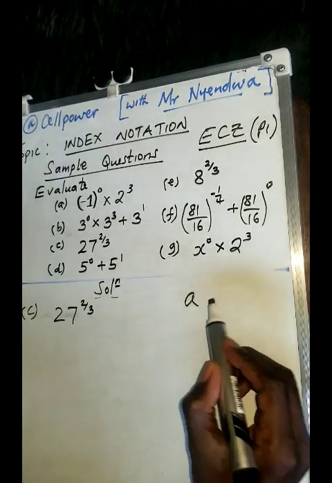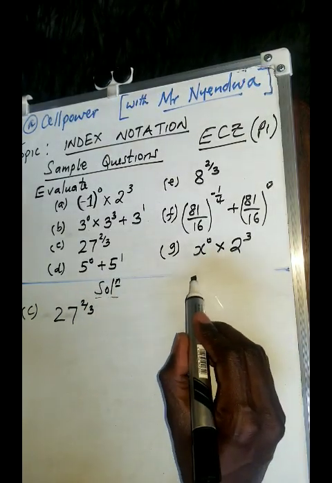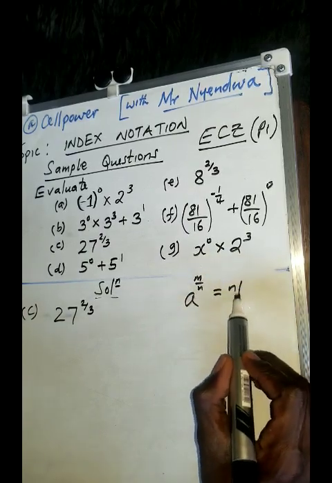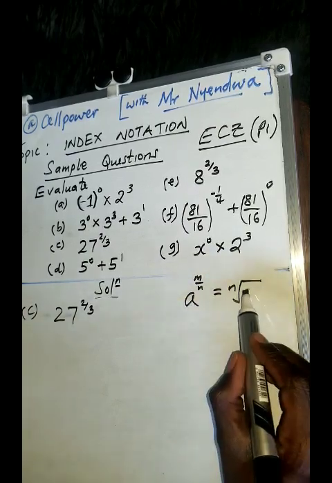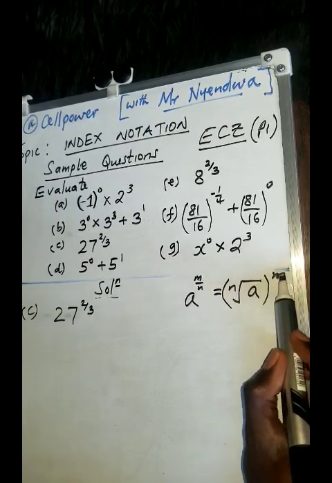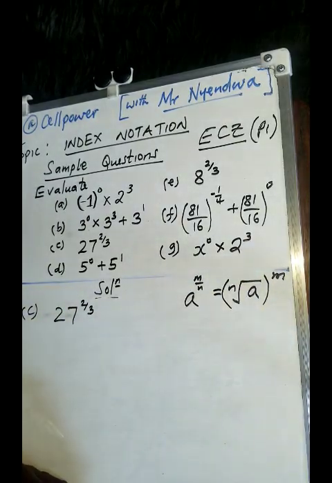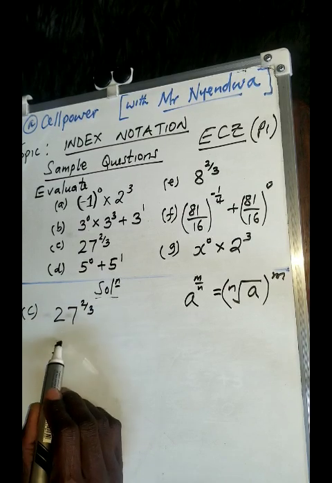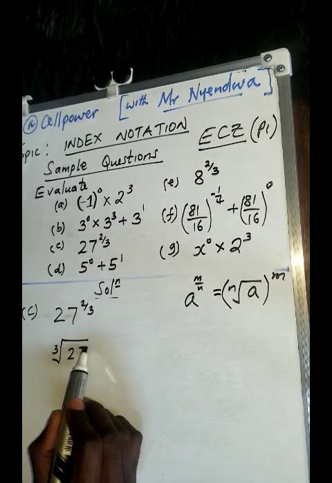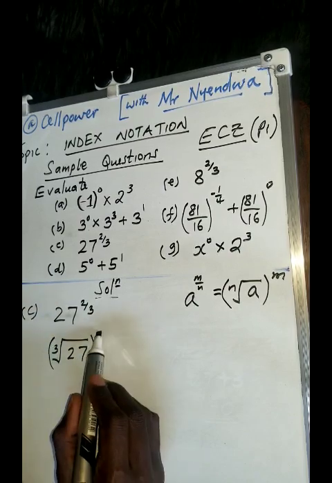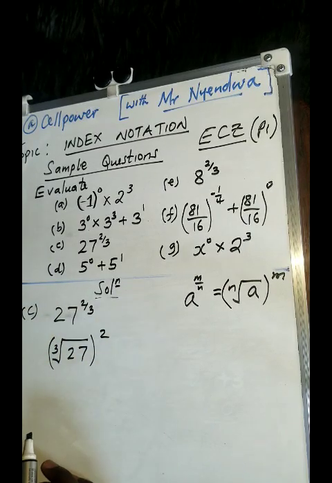If you remember the meaning of m over n, we did say the one at the bottom will become the root, whatever root it is, the base will go in the root, then whatever you have should be raised to the power m. And that's the way we are going to treat that one. So the 3 will become the cube root of 27, and whatever we have should be raised to the power 2.